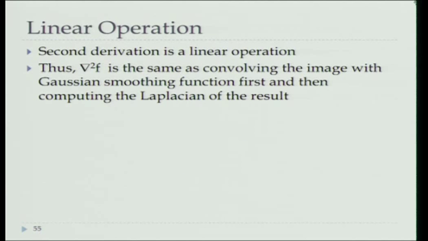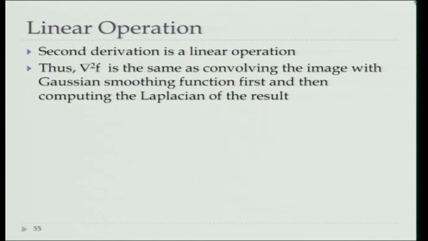Now, since the Gaussian is a linear operator, this is also a linear operator, so overall it is a linear operator. Initially we started by first convolving with the Gaussian filter, then convolving with the Laplacian filter.